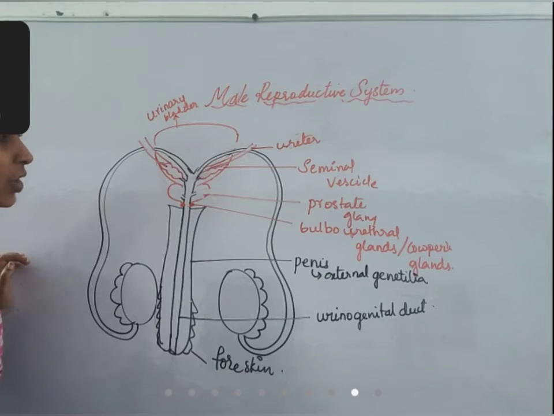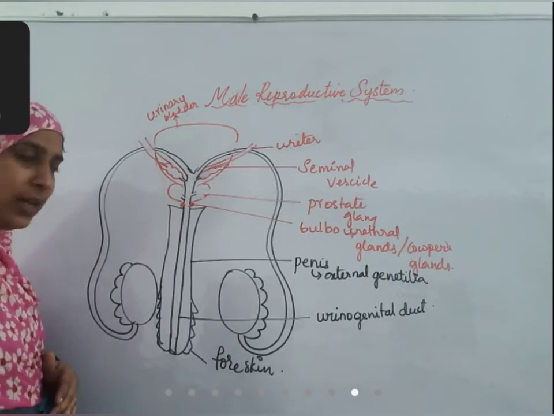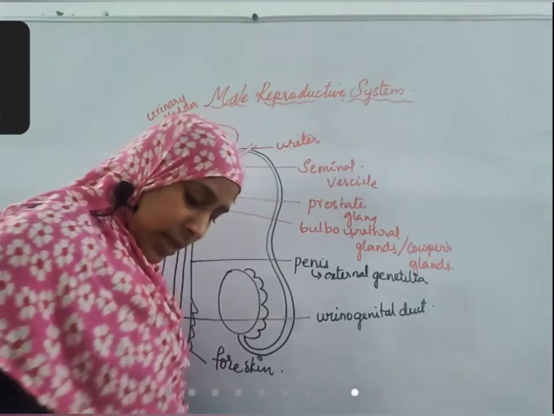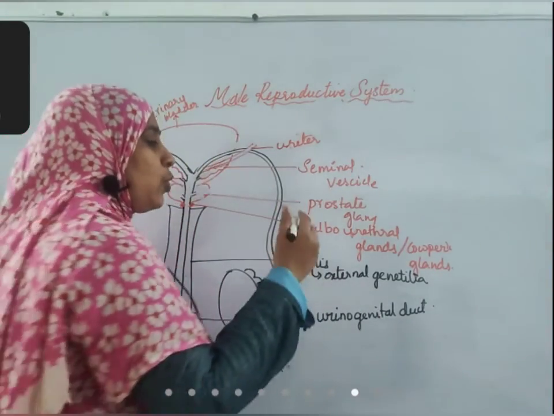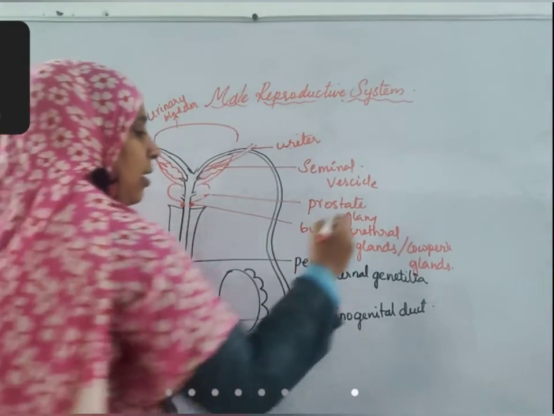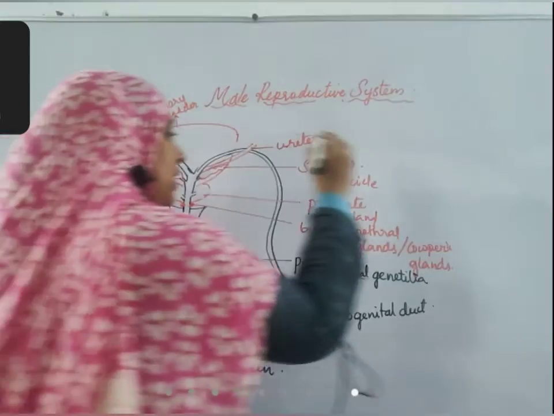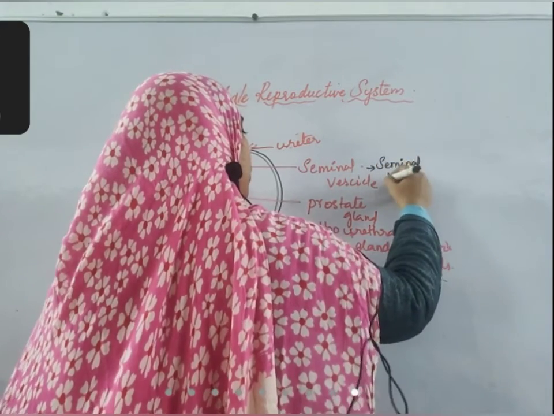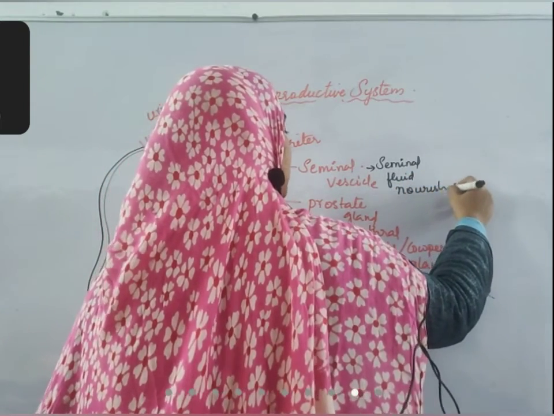Now let us observe the function of these three glands. These three glands secrete fluids. Seminal vesicle releases a fluid called seminal fluid. Prostate gland releases prostate fluid. And Cowper's gland releases Cowper's fluid. What is the advantage? Seminal fluid nourishes sperm.